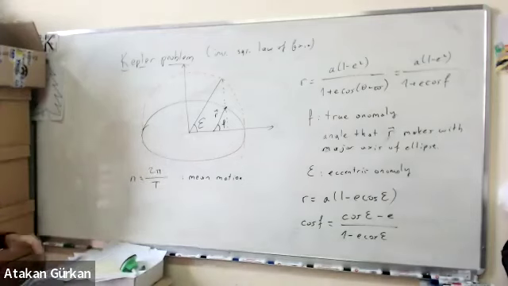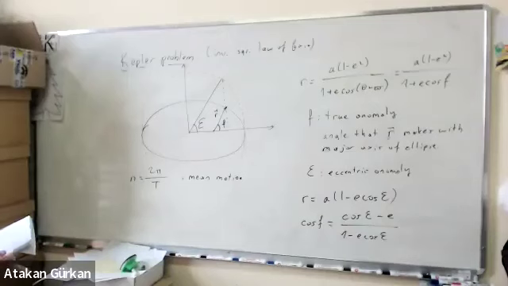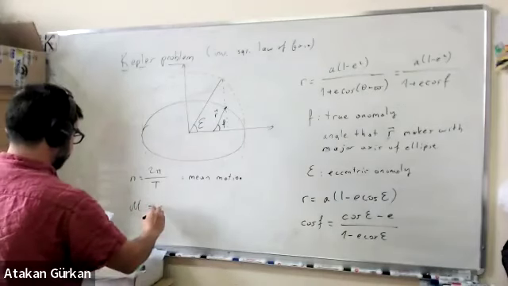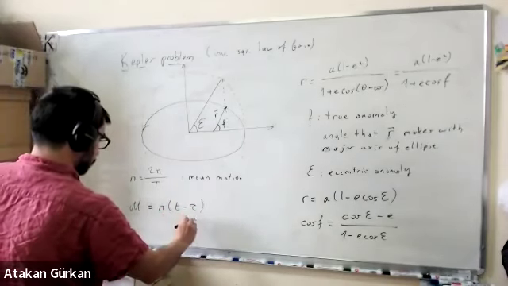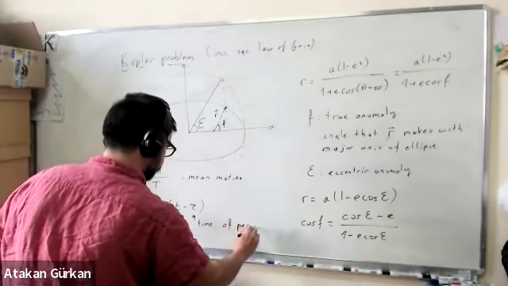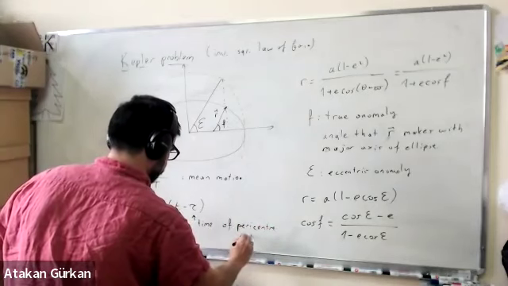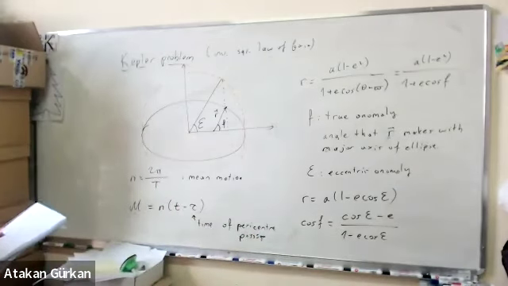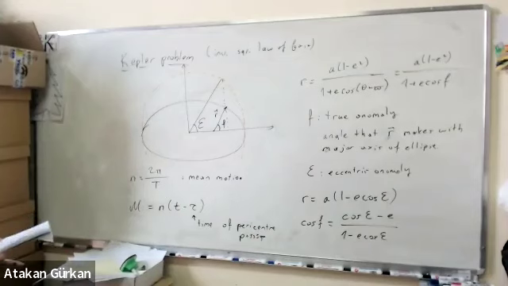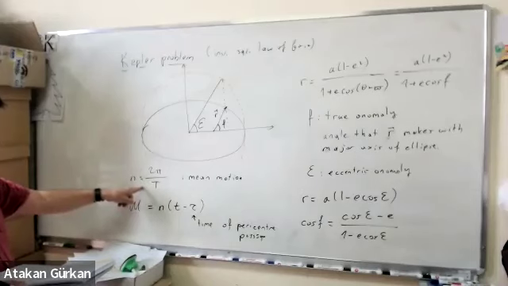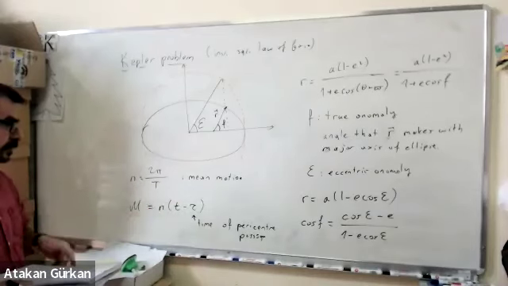I'm taking some angle dividing by some time, so it looks like an angular velocity, and through this I can define the so-called mean anomaly. So this is the time of pericentric passage. So typically, you actually measure your time by setting your tau equal to 0. So this is just n times t. That doesn't really matter. And so this angular velocity, or average angular velocity, times time is going to give you the mean anomaly.